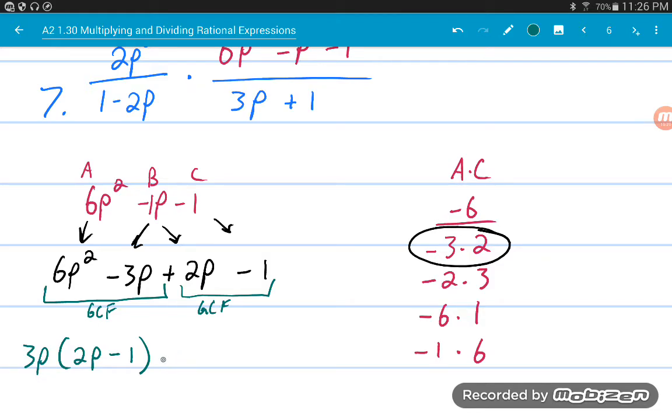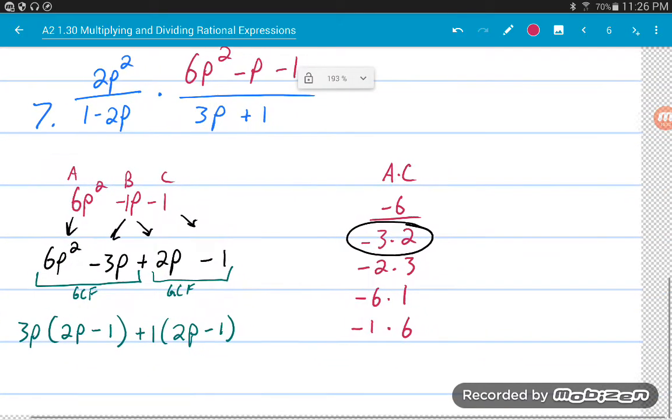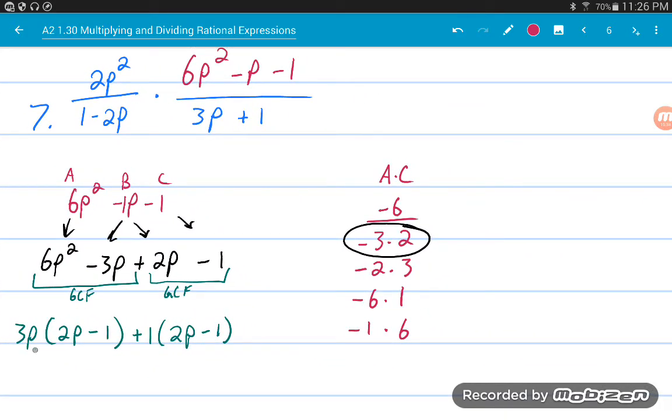There's no GCF, so all I can factor out is a plus 1, leaving me with 2p minus 1. Now, if you paid attention through grouping, you know that I take the outside stuff, the 3p and the plus 1, and I make them their own bubble, and then the identical inside stuff gets put in the second bubble, 2p minus 1.